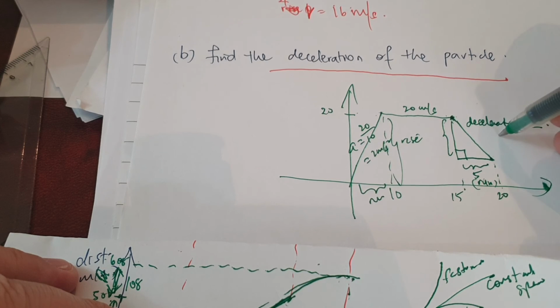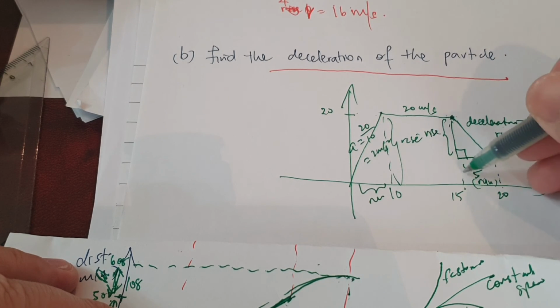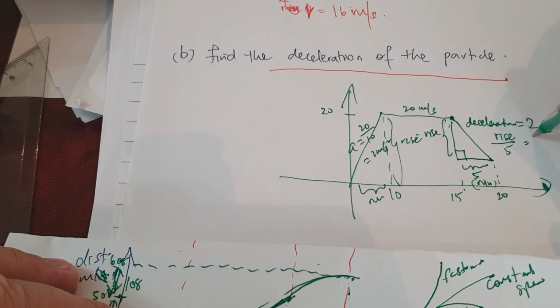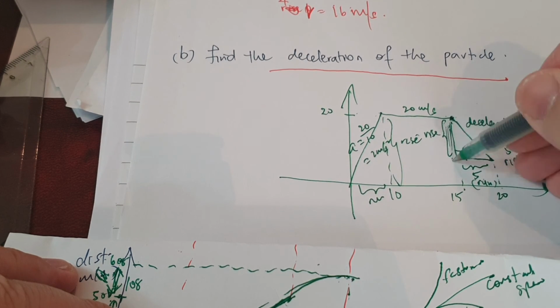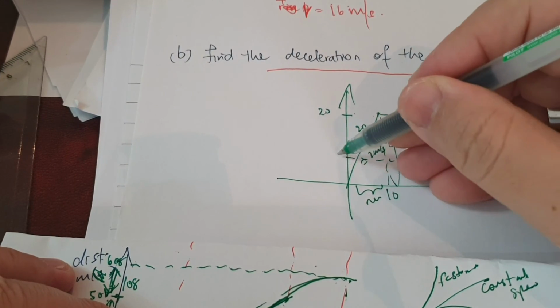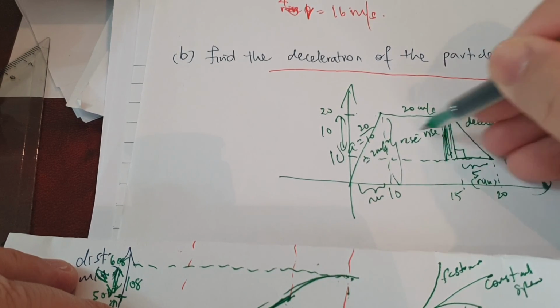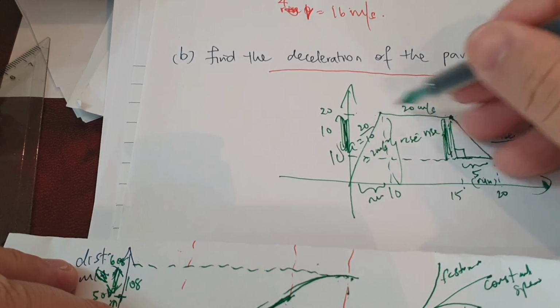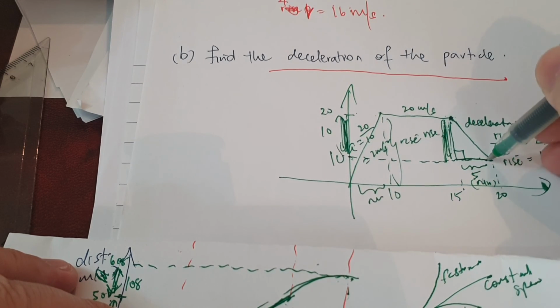Deceleration is rise over run is 2, right? So my rise is 10. So the 10 is here, meaning that you can use this minus 10 here. So you must minus, then you can get this speed here.